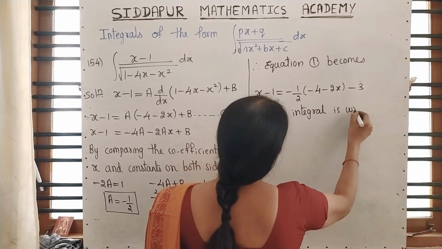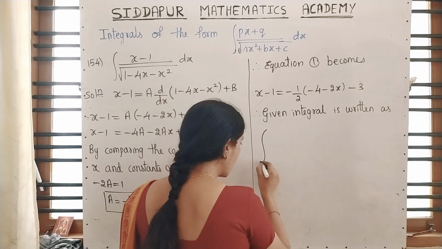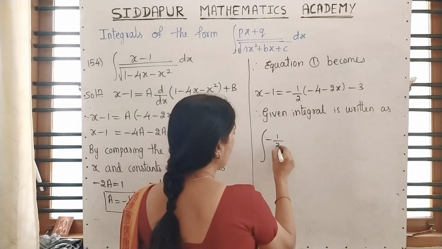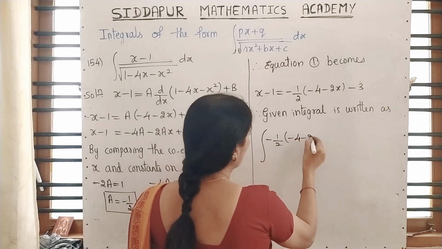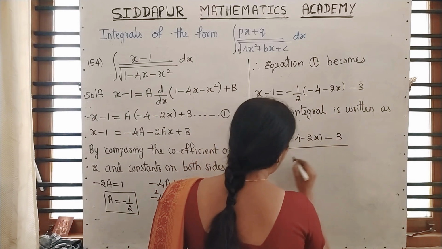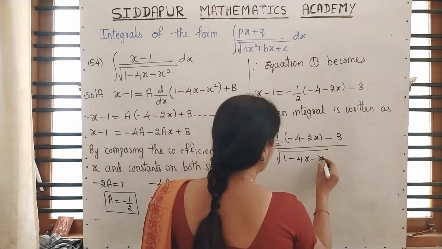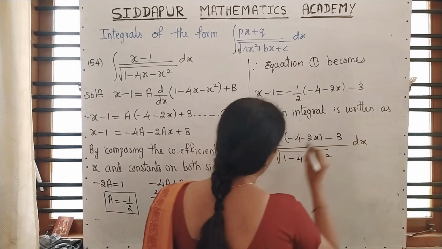Now, therefore, given integral is written as integration of, in the numerator, minus 1 by 2 into minus 4 minus 2x minus 3, divided by root of 1 minus 4x minus x square into dx.